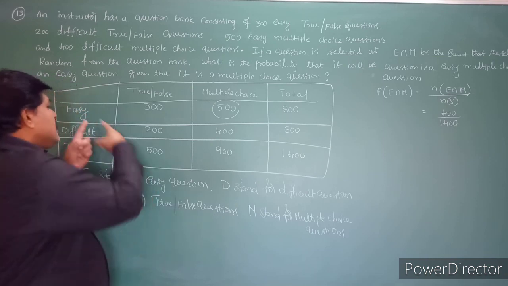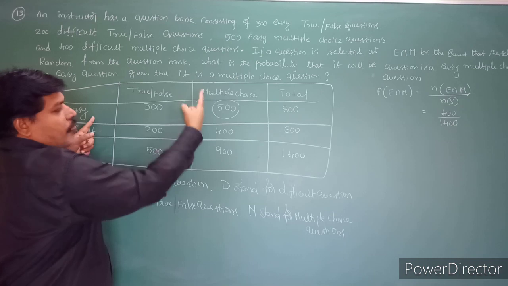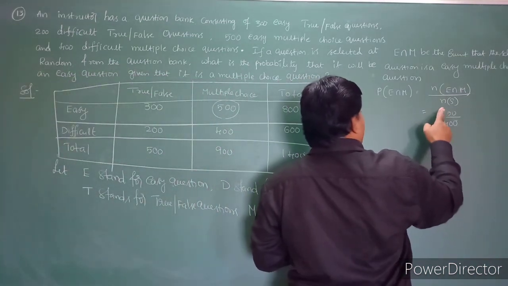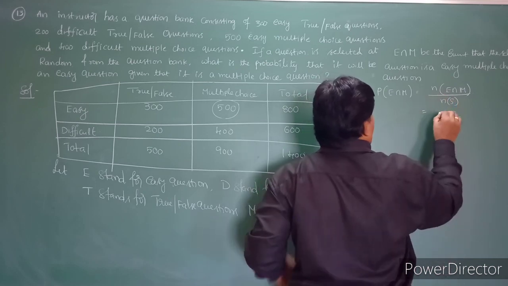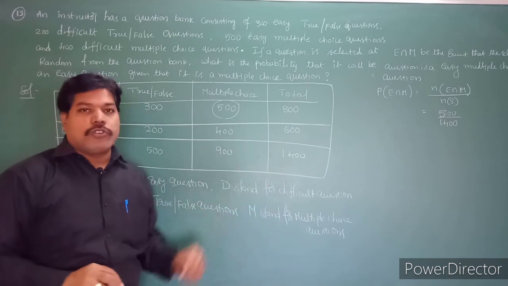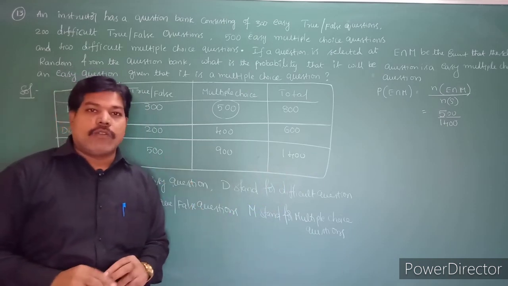That is nothing but the easy and multiple choice questions. How many are there? That is not 400, it is 500. Okay. So it is 500 by N of S, the total number of questions. Out of these questions we select one question.